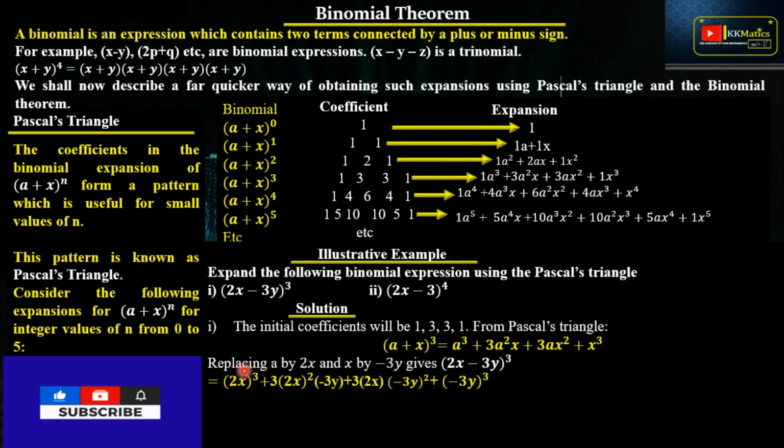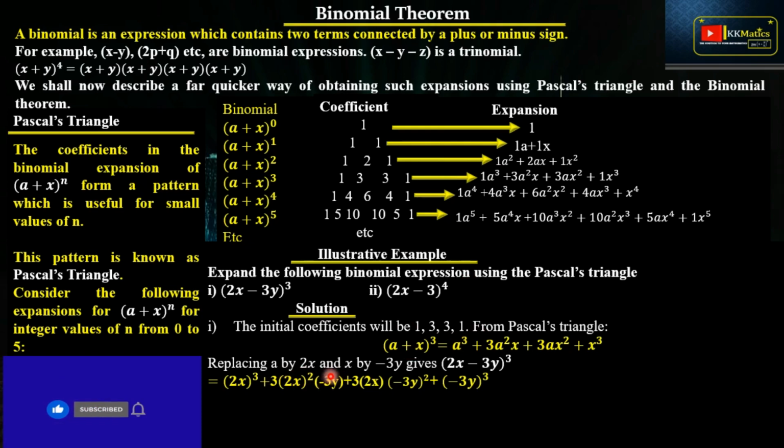Put in the brackets, very carefully. Whenever you have a minus sign, you have to be very careful, because minus is a very dangerous thing. It could lead you to having the wrong answer. So with what we have here, we cube it, plus 3 all squared. Now the coefficient, which is 3, wherever we have our a, as we said, replace it with 2x, and that will be done here. Then minus 3y.